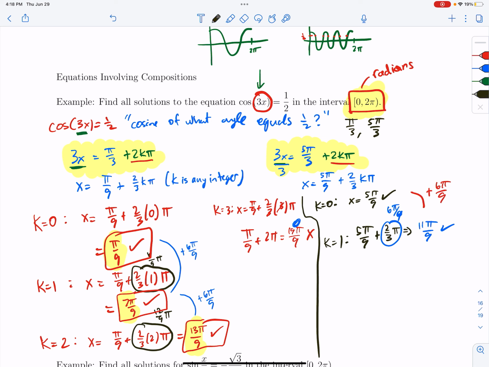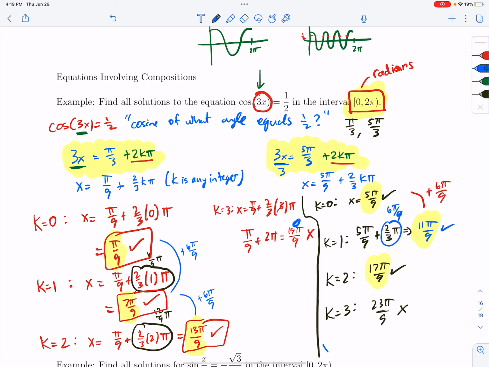And that pattern is going to hold here. So when k is 2, if I add 6 pi over 9 to 11 pi over 9, I get 17 pi over 9. That's good. When k is 3, if I add 6 to the numerator, I get 23 pi over 9, which is not a solution. So my three solutions that I came up with in this branch are 5 pi over 9, 11 pi over 9, 17 pi over 9.